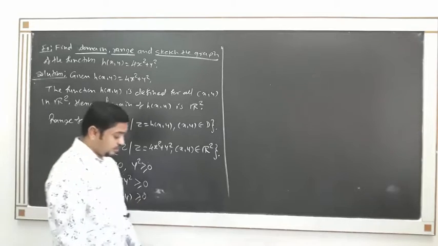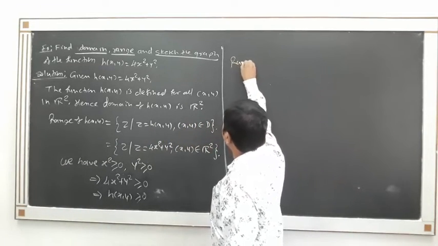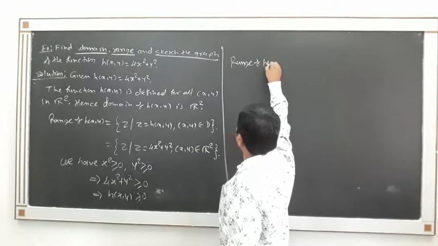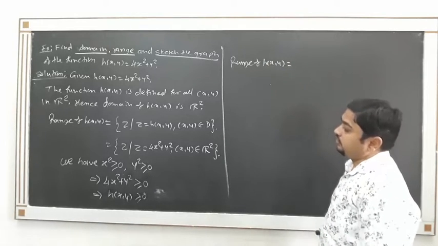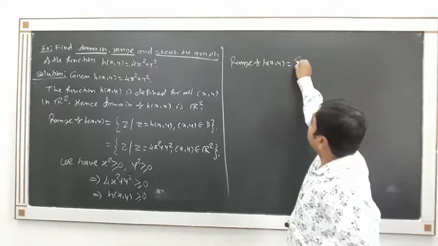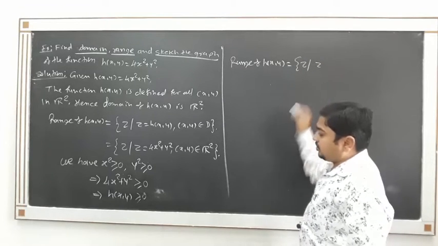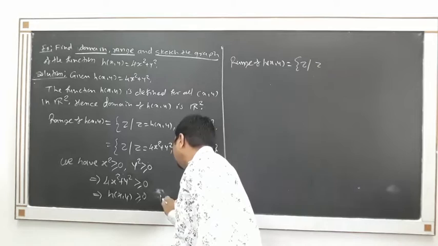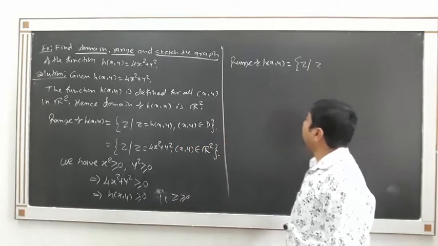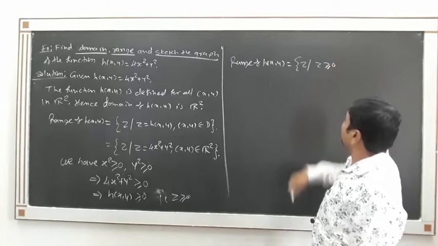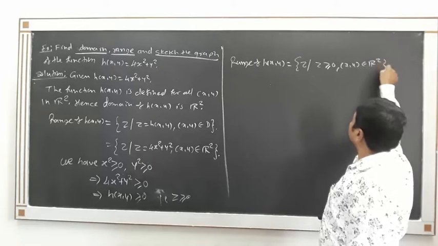So how do we write the set? Range of h(x,y) is equal to the set of all z, where z is greater than or equal to 0, and all (x,y) belongs to R².